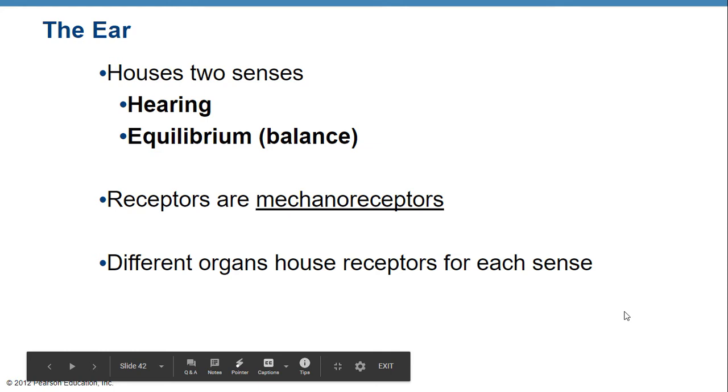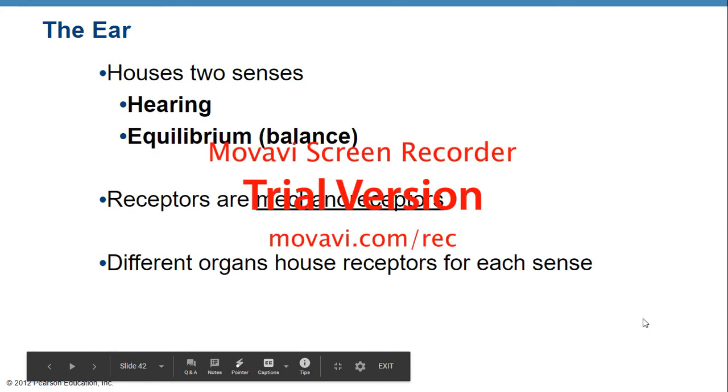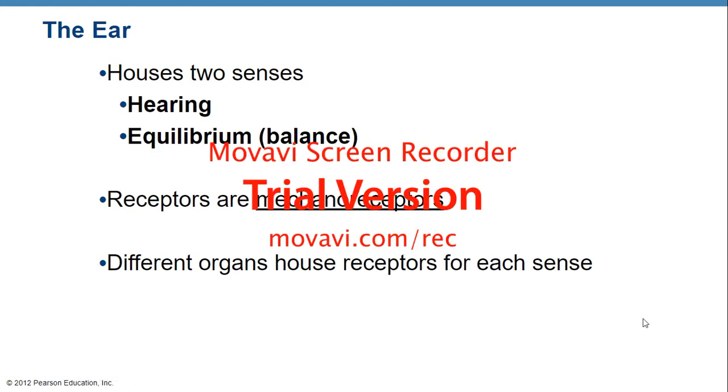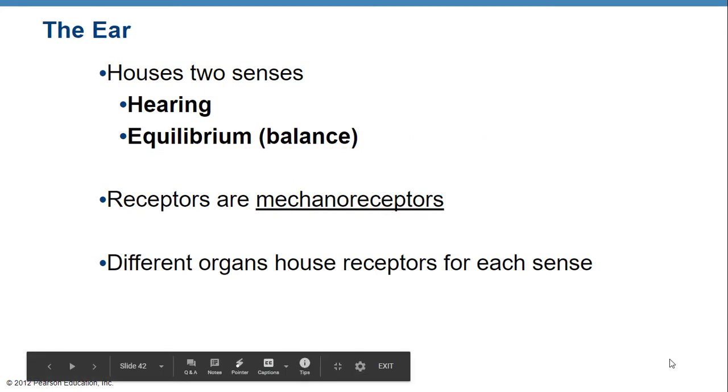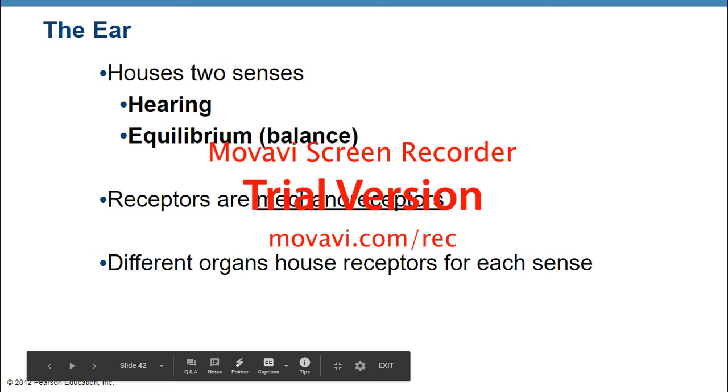All right, so now we are going to start talking about the ear and hearing and equilibrium. The ear is divided into three major areas: the external ear, the middle ear, and the internal ear.